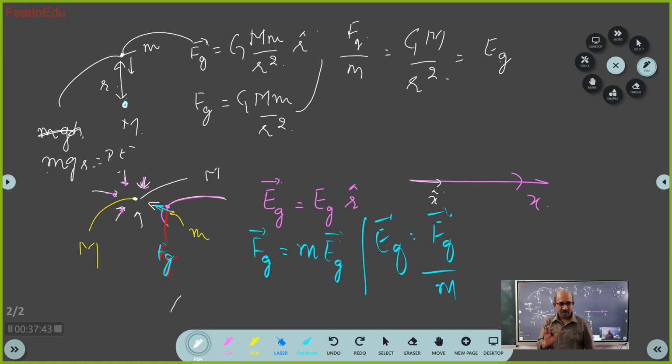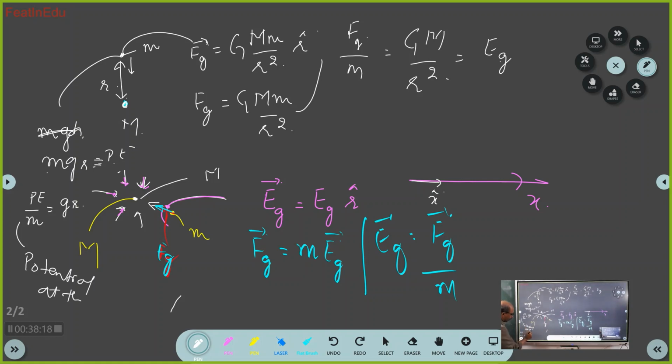Now I will do one thing. Listen carefully, Aryan, especially you. Now this potential energy, I will divide it by m. What will I be left with? gr. What is this? Potential energy per unit mass. This potential energy per unit mass, I will simply call it potential at that point.